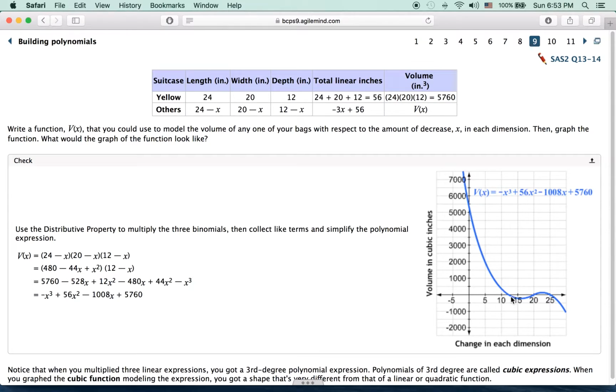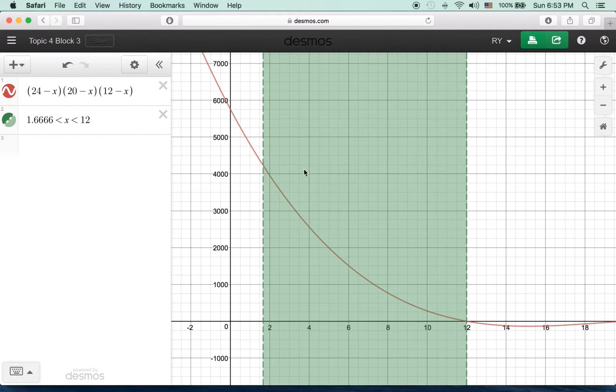You can see the function reaches 0. If you took 12 inches off of all the dimensions, your depth would be 0. And you would have a bag with 0 volume, which would not be a real thing.